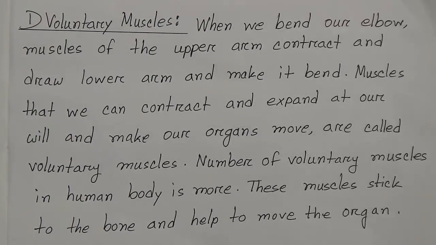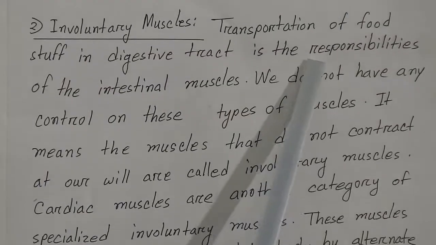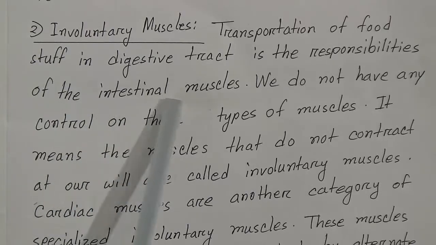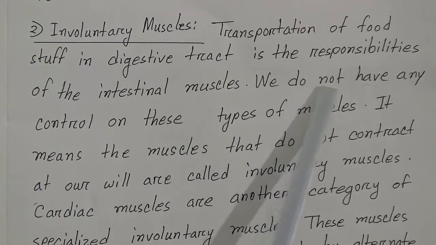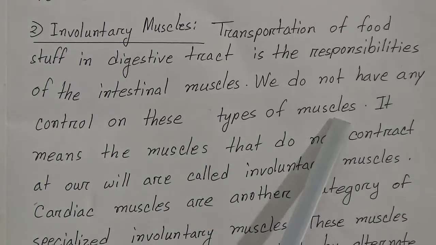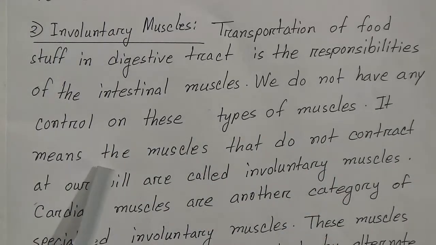Transportation of foodstuff in the digestive tract is the responsibility of the intestinal muscles. We do not have any control on these types of muscles. It means the muscles that do not contract at our will are called involuntary muscles. Cardiac muscles.